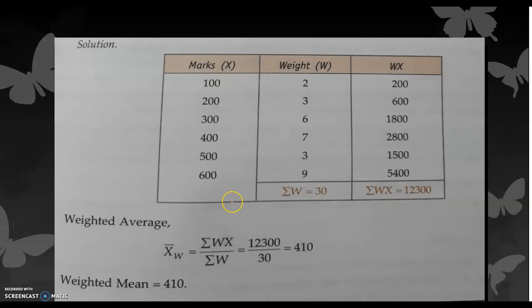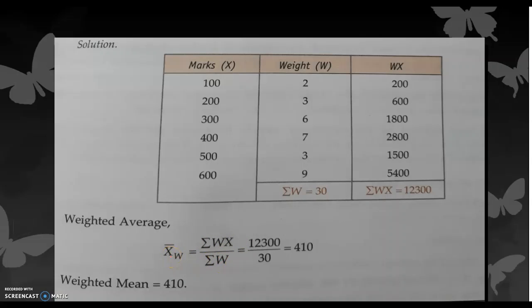So sigma wx is equal to 12,300. Then this problem is very simple. You have to directly apply these two values to the formula. Weighted average or weighted arithmetic mean is equal to sigma wx divided by sigma w.